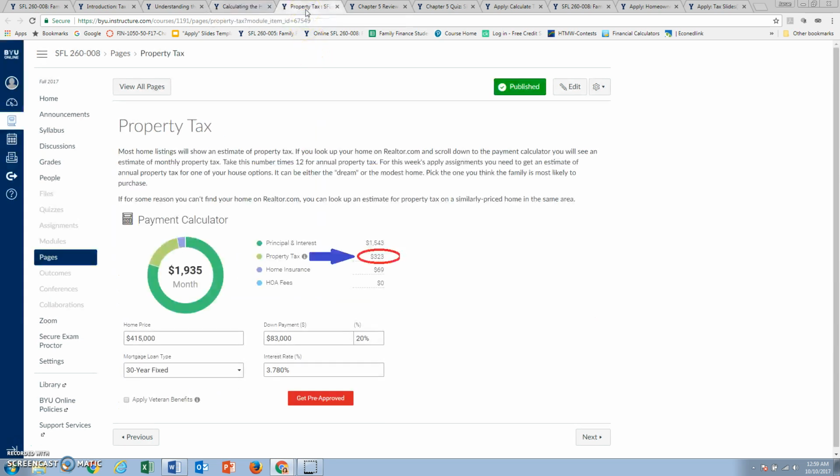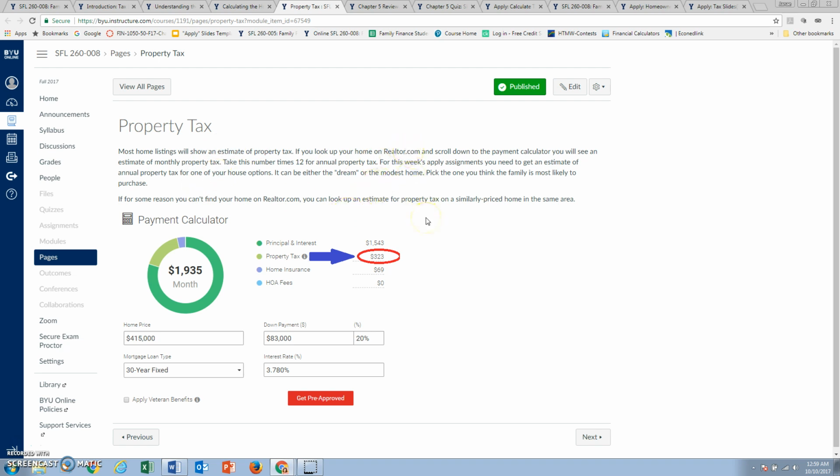The second tax that you're going to have to take into consideration when you purchase a home is the property tax. To look up the property tax for your home, a lot of the home listings will just have that listed on there. Here's the property tax number. If you don't have that, look back to the home listing picture that you took a screenshot of, and if it's not there, you can look up your home on Realtor.com.